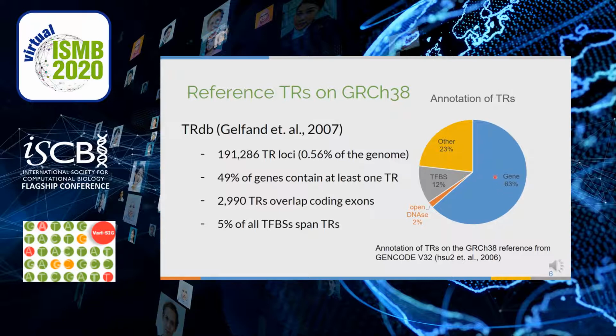you can see that 63% of the TRs are inside genes, 12% are in transcription factor binding sites, and 2%, if they're not inside genes or transcription factor binding sites, are in regions that overlap with open DNA.